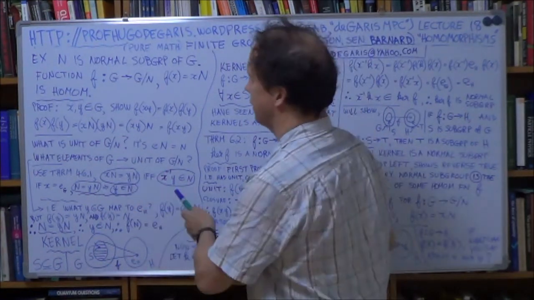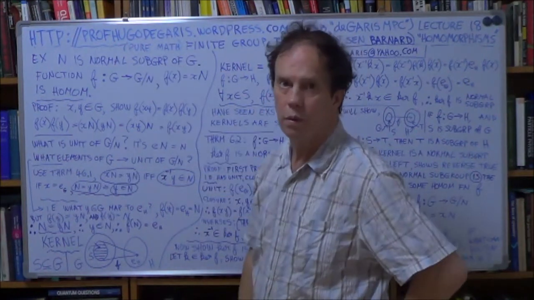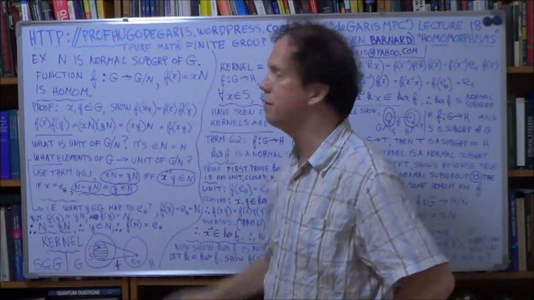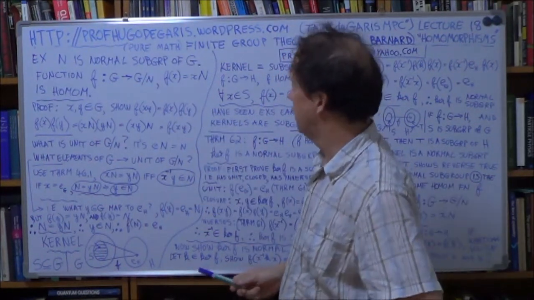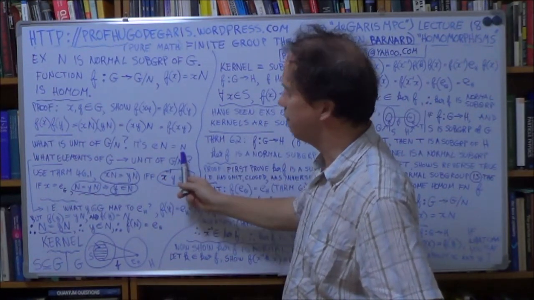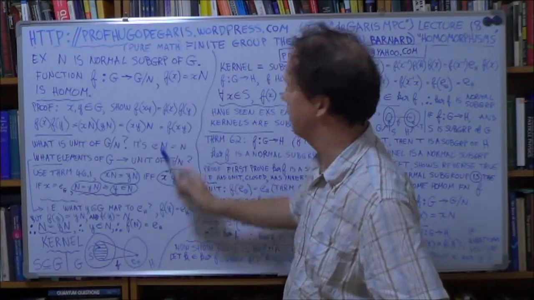All right. So for this quotient group, what is its unit? Right? It's a group. Every group has a unit. So this quotient group, what is its unit? Well, it's e n, which is just n. Right? We talked about that earlier.